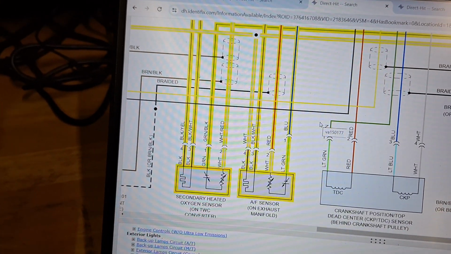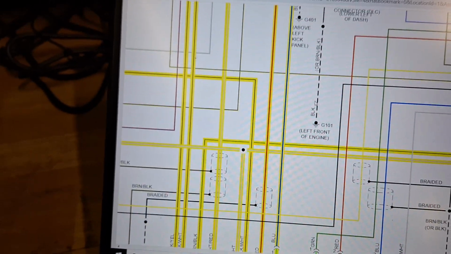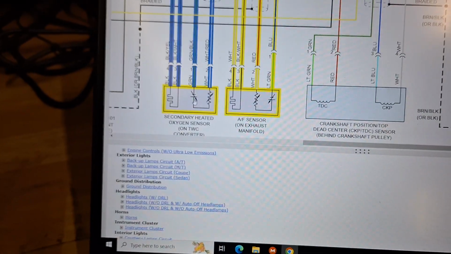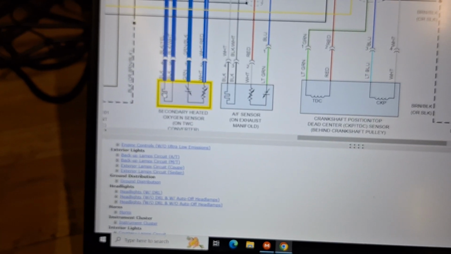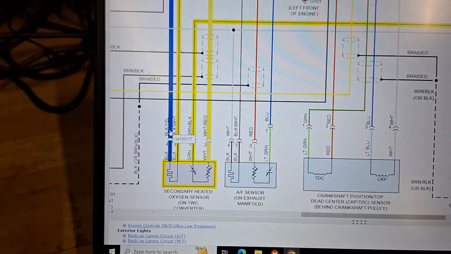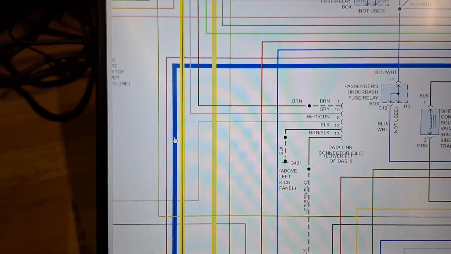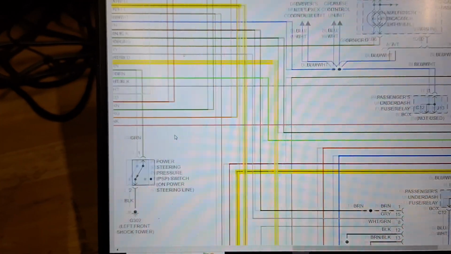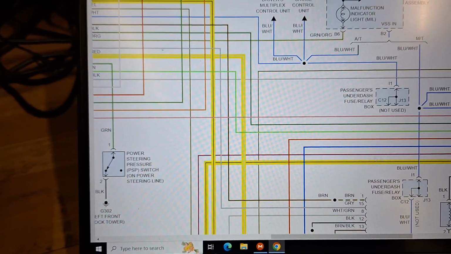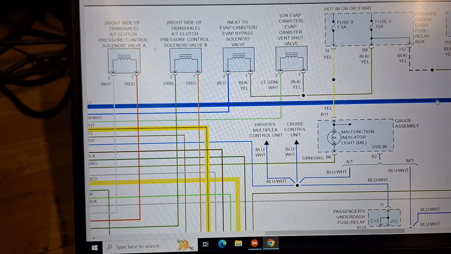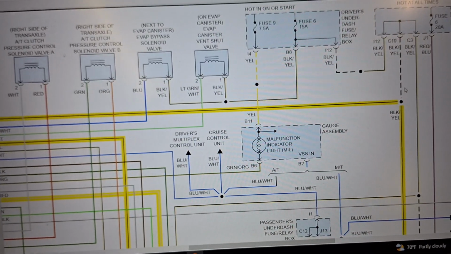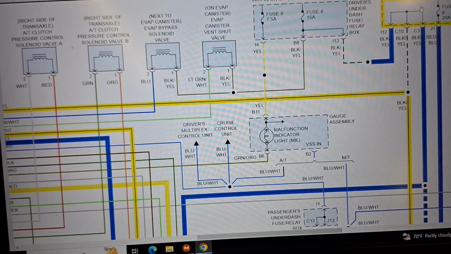I have a feeling it connects to the same fuse. If we follow the circuit right here, black and white and black and yellow wire, that goes to the ECM, and this wire, if you follow that, goes to the little point over here, and then to that junction right here.